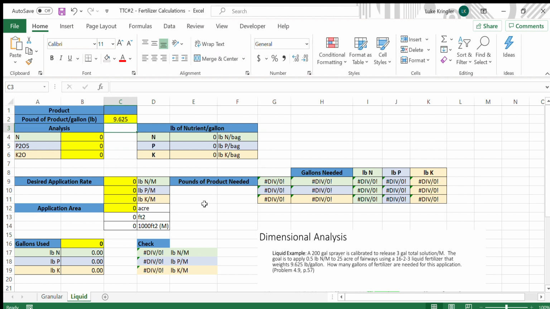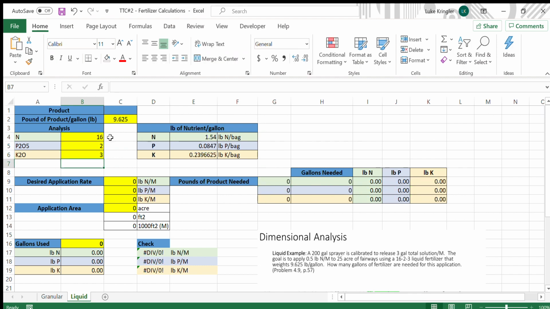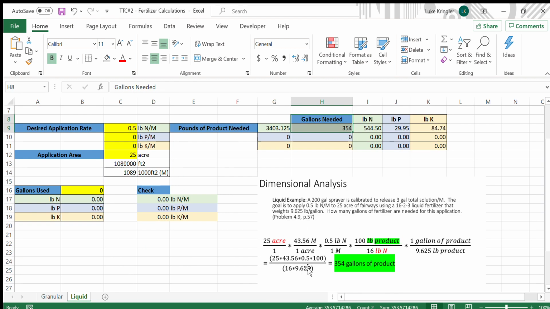9.625. Now we enter our analysis, 16, 2, 3, and desired application rate. We want to have a half pound of nitrogen per 1,000, and we're going across 25 acres. And our answer, gallons needed, 354 gallons of product to achieve that rate of nitrogen over your 25 acres.